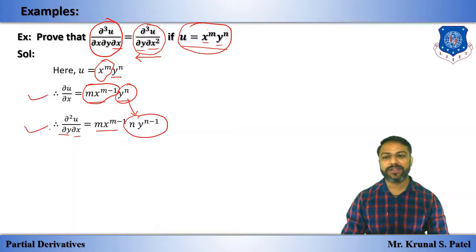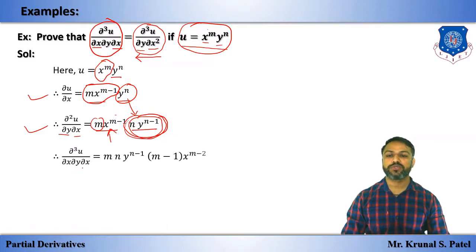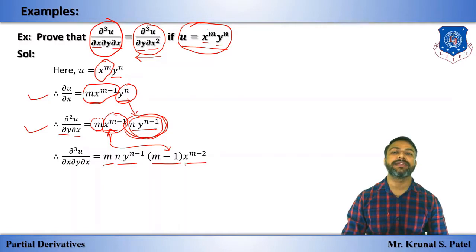Now again differentiate this term, the third time, with respect to x. With respect to x, this whole bracket stays as it is, m stays as it is, and you differentiate only x raised to m minus 1. So m and n are constants, and differentiation of x raised to m minus 1 is m minus 1 into x raised to m minus 2.